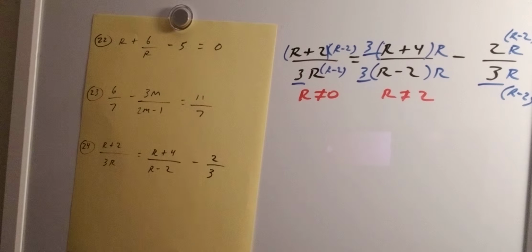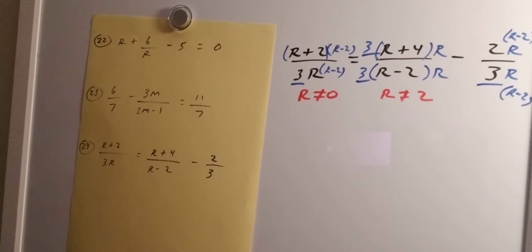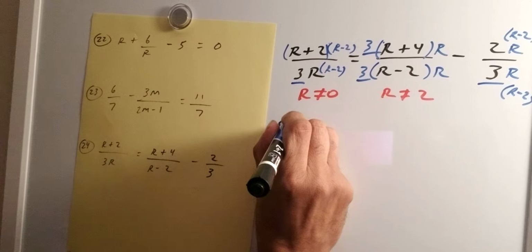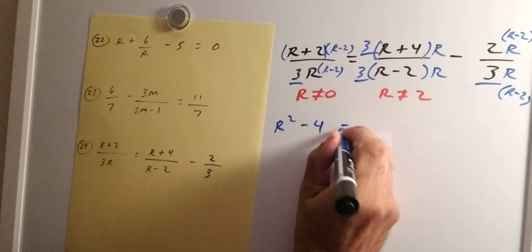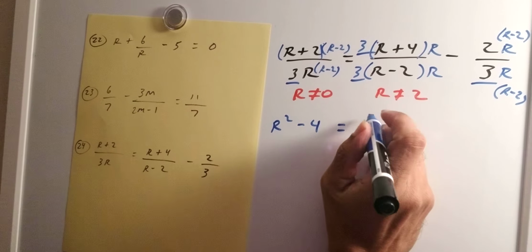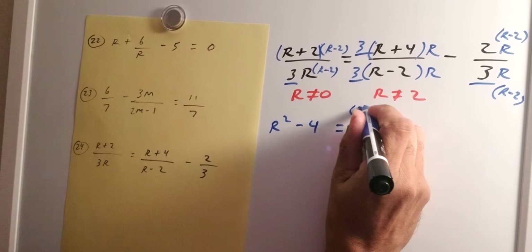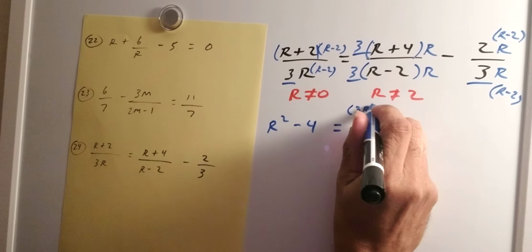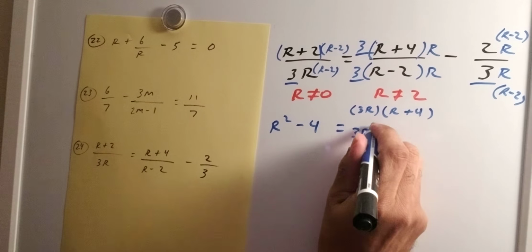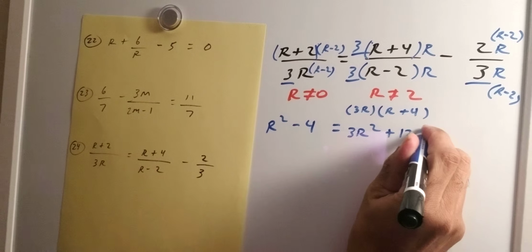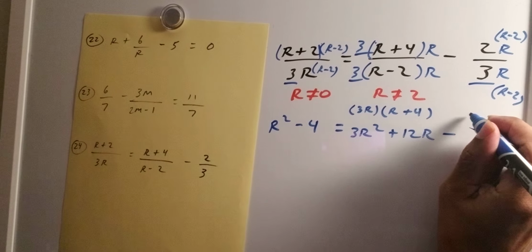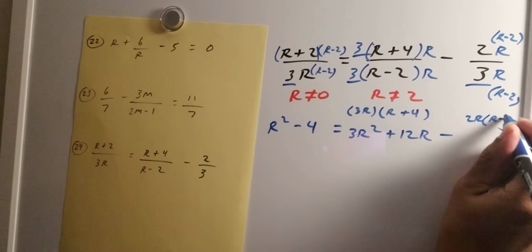Okay, denominators are the same, restrictions are accounted for. Focus on the numerator. R plus 2 times r minus 2 is r squared minus 4. That's going to equal 3r times r plus 4. Let's write it up here. 3r times r plus 4. Distribute 3r. 3r squared plus 12r minus 2r times r minus 2.